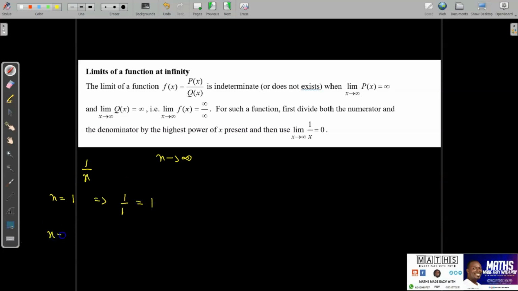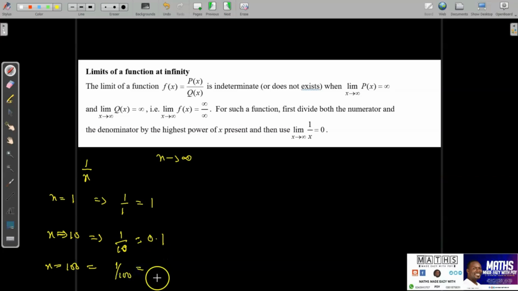What if x increases to a number 10? It implies that I'm going to have it as 1 over 10. What is the answer for 1 over 10? 0.1. We have 0.1. Good. Then as x increases to 100, it means our function becomes 1 over 100.